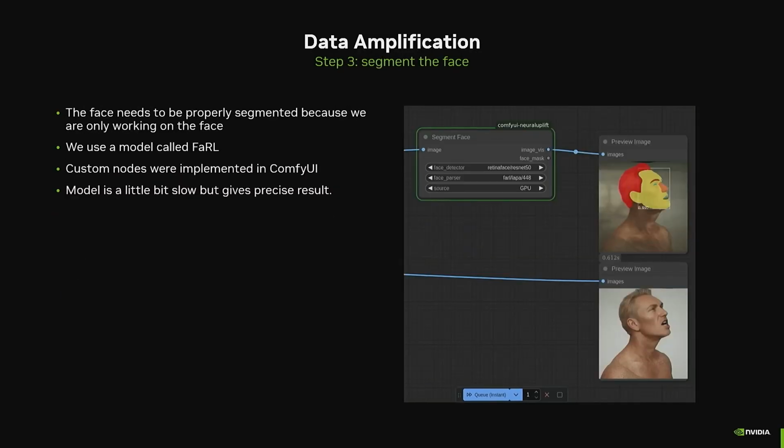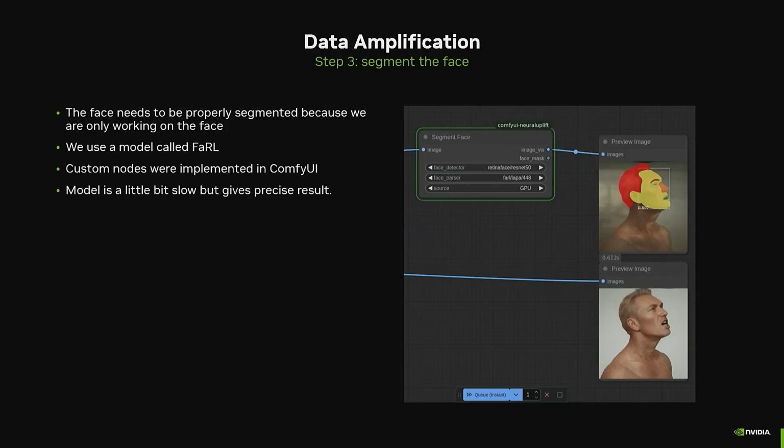The next step in this dataset generation workflow is to segment the face. Why are we doing that? When we train the model, we ask it to train only on the face. We don't need to train the model on the shoulder, for example, or the hair, at least as of today. This is why when we give the images to the model, we also give a mask saying you need to train only on the face.